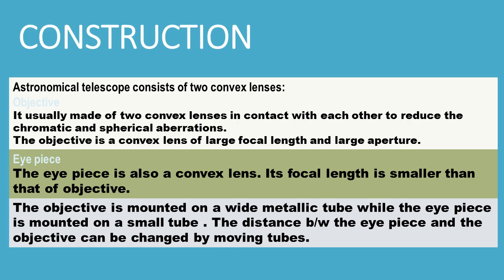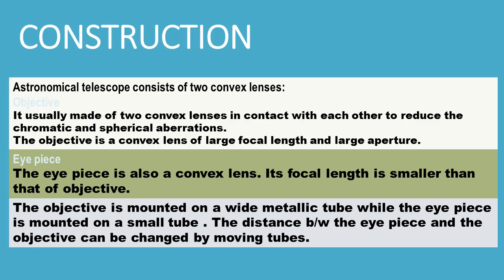Construction. The construction of astronomical telescope is based on two convex lenses. The first lens is called objective. It is usually made up of two convex lenses in contact with each other to reduce the chromatic and spherical aberrations.